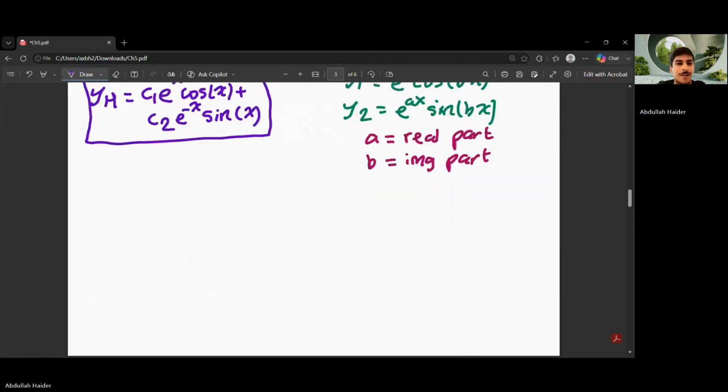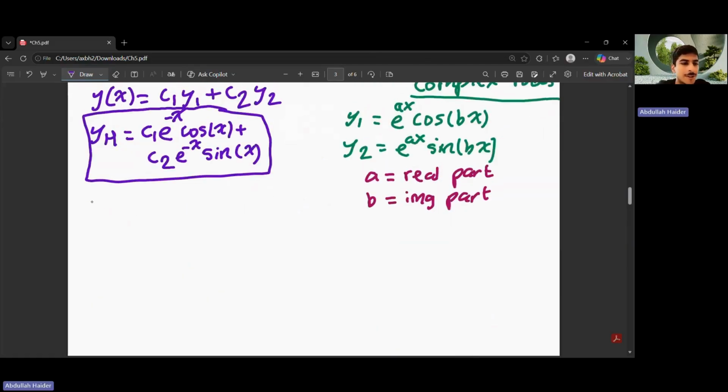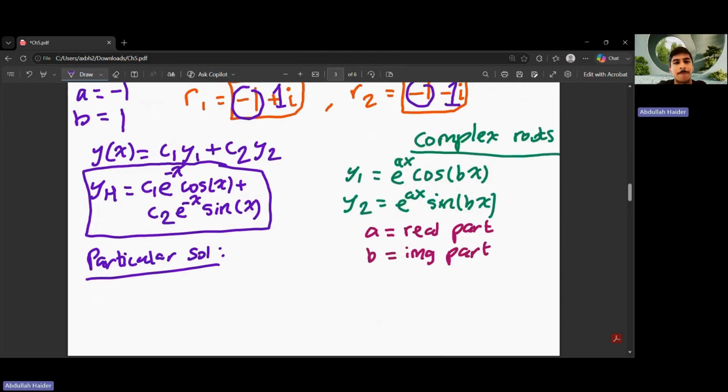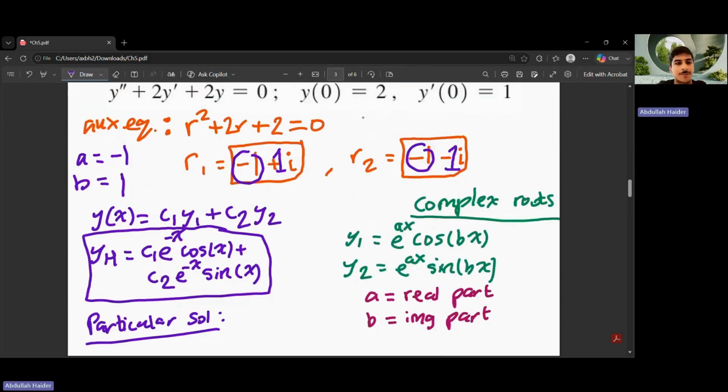And now if the question asks you for a particular solution, you have to apply the initial conditions.